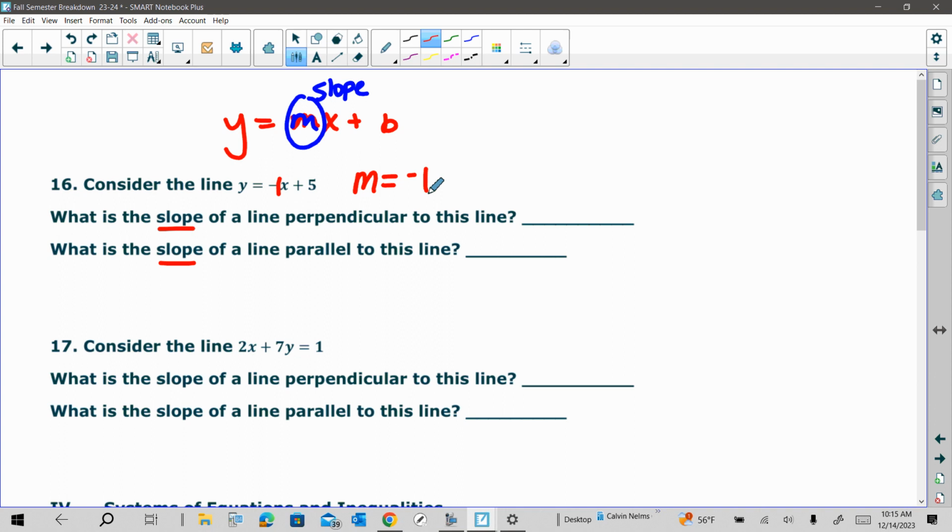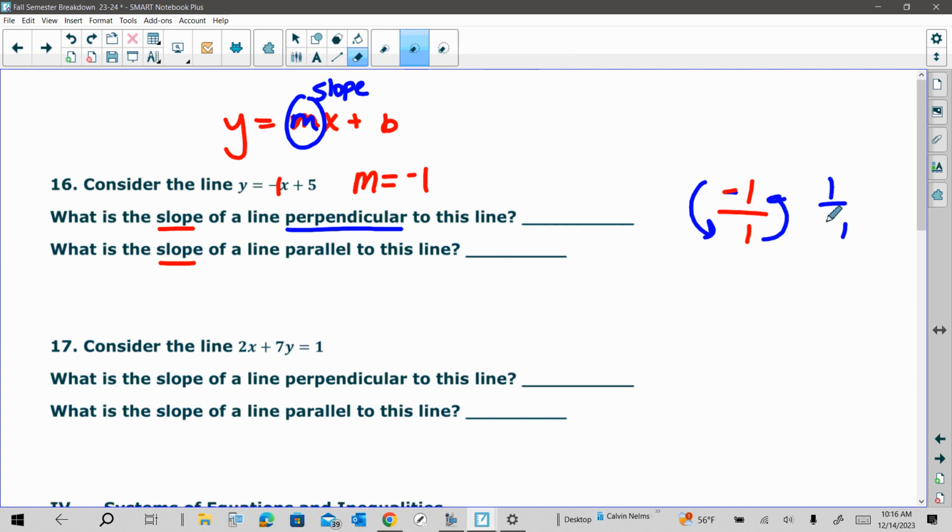For the perpendicular, you have to flip this number and change the sign. If I have a negative 1, that's the same thing as negative 1 over 1. If I flip it, that's 1 over negative 1, and I change the sign, it's not negative anymore, it's positive. So this is just a positive 1. The parallel is going to have the same slope, so it's going to be negative 1.